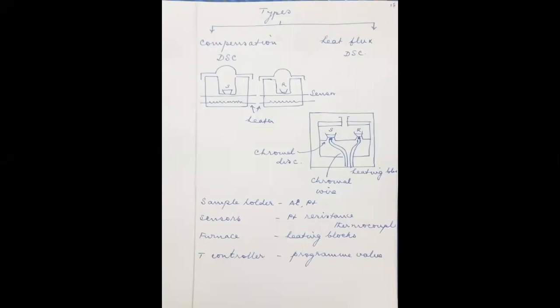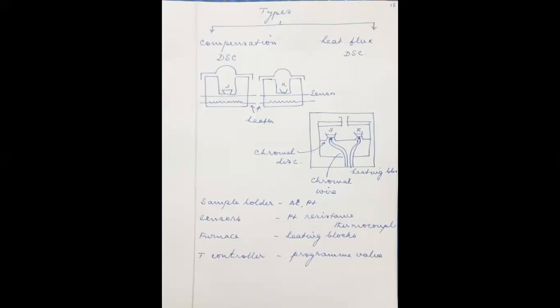Number two, they should have very low heat capacity. They themselves should not absorb heat. Number three, they should be non-reactive and non-corrosive. Number four, they should not get decomposed. That is stability, resistance to heat. So these are all the important characteristics that a sample holder should have.